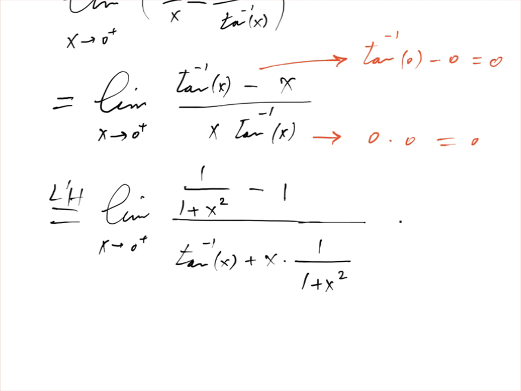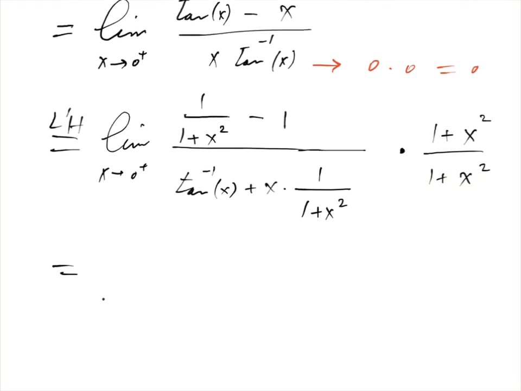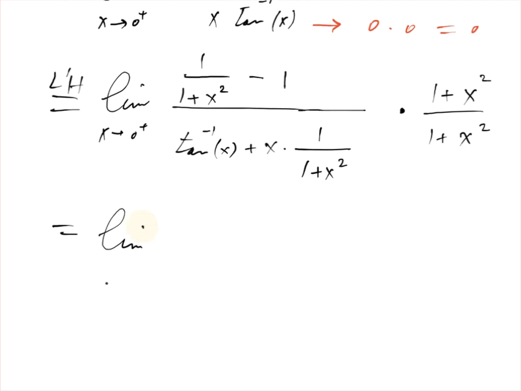So we can multiply both numerator and denominator by 1 plus x squared. And then we get the limit as x tends to 0 from the right. In the numerator, when you multiply 1 plus x squared by 1 over that, you get 1. And then minus 1 times 1 plus x squared is just 1 plus x squared.